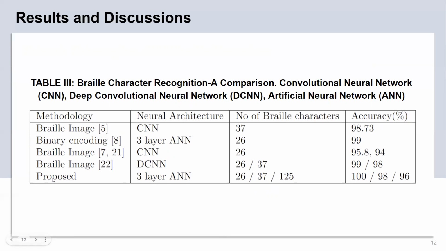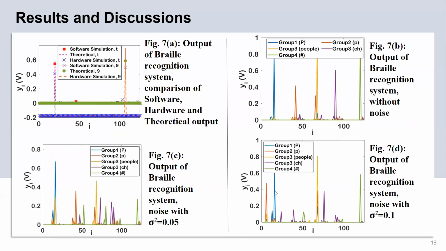With the proposed one, we were able to implement 125 Braille characters. The next result shows the output of the Softmax activation function of the Braille system.